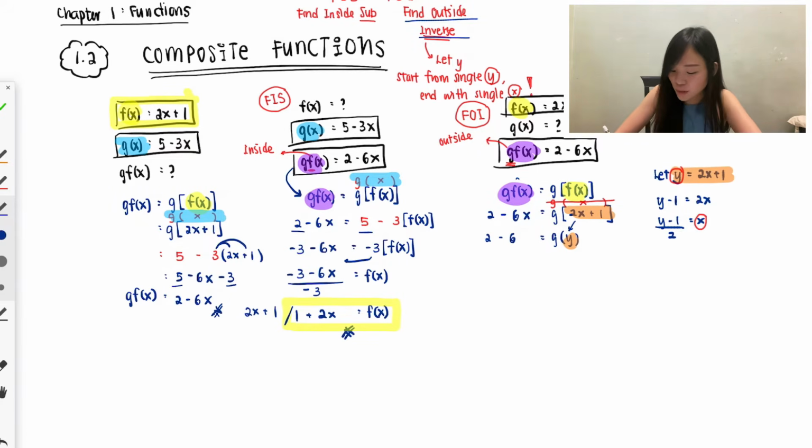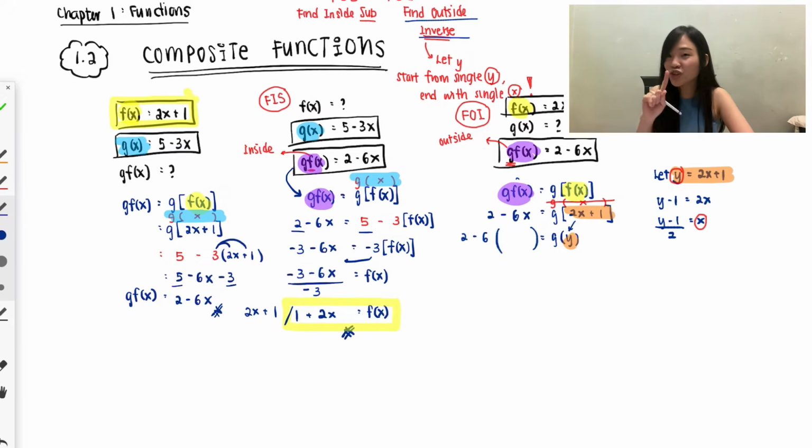A lot of students will change the x to y. And again, I don't understand why you would just change the x to y. I didn't change the x to y. I'm changing this whole long particular equation into a single y. So in return, my x shouldn't just change to y. My x will actually change to what?